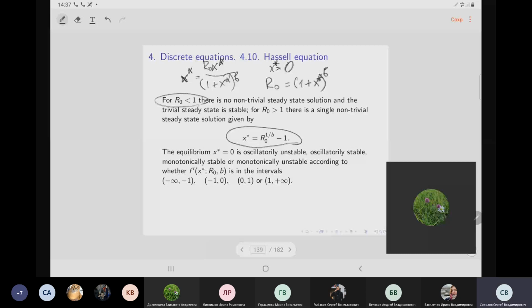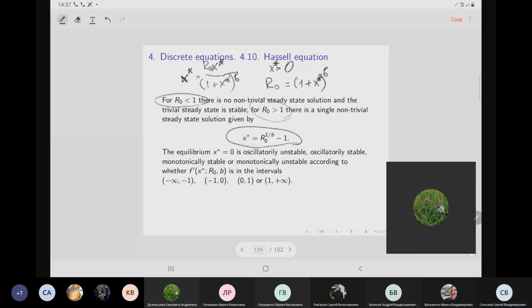It's quite evident from a biological point of view. And if R0 is greater than 1, then the population can exist, and the population can stabilize near this equilibrium.